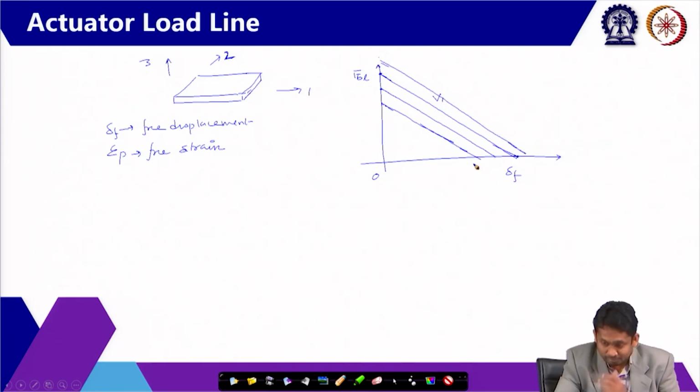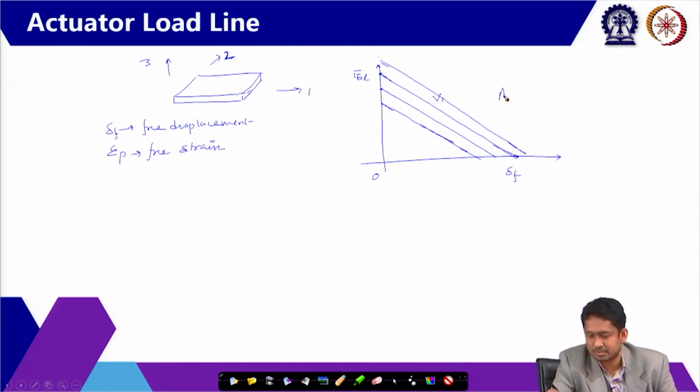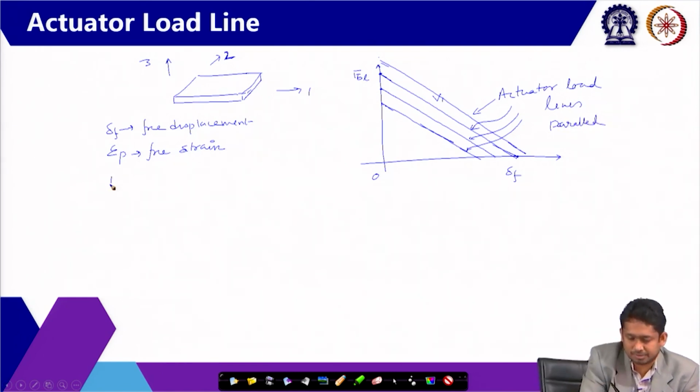So, these are called actuator load lines, and they are parallel. FBL is called block force.